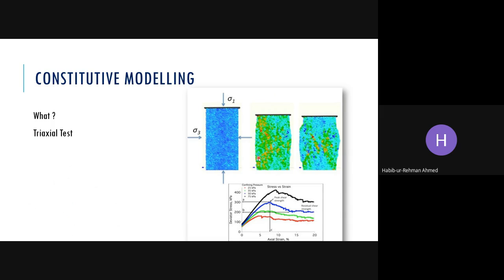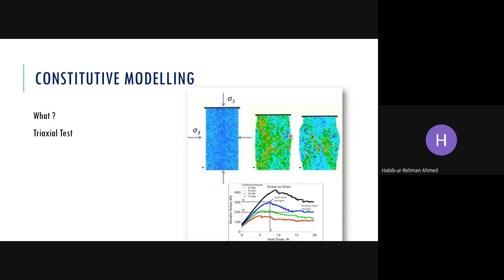Like for example, I think graduate students can easily understand or appreciate that for sands, the confining pressure gives the strength of the material. Okay, or for the granular material or non-cohesive material, confining pressure is a very important factor in defining the strength of a material.